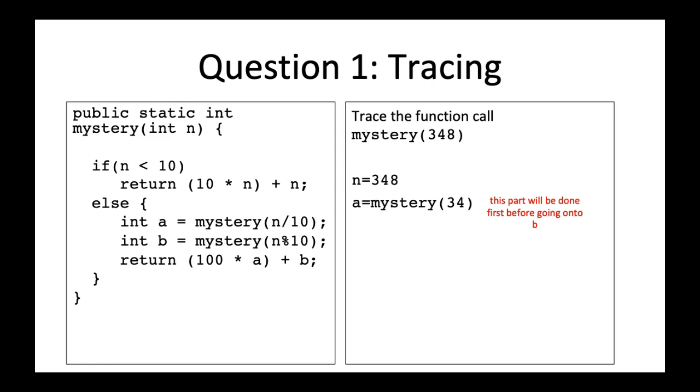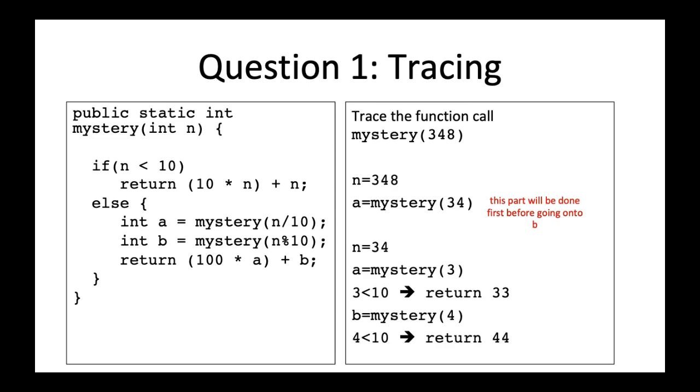When mystery 34 is called, n is now 34, and a becomes mystery 3. Now, since n is less than 10, according to our base case, this method or function call will return 33. The value of b, on the other hand, becomes mystery 4, which will return 44.